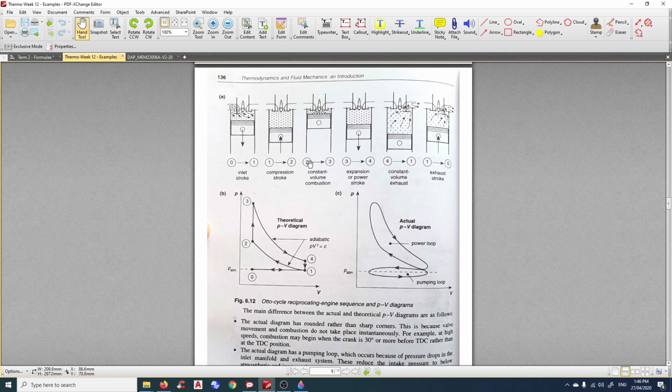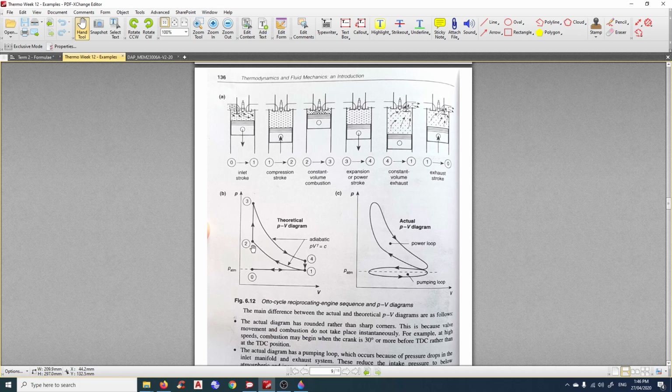After that, from 2 to 3, it is compressed further. But if you look at 2 to 3, the piston is already at the top, so it can't go further up anymore. Hence, the little chamber of gas here is fixed.